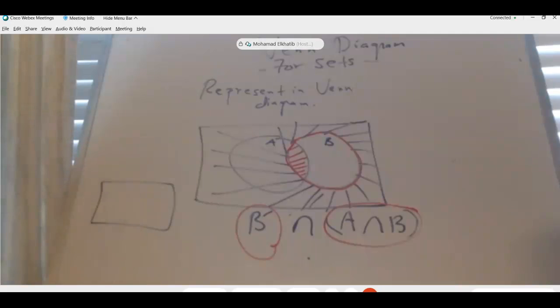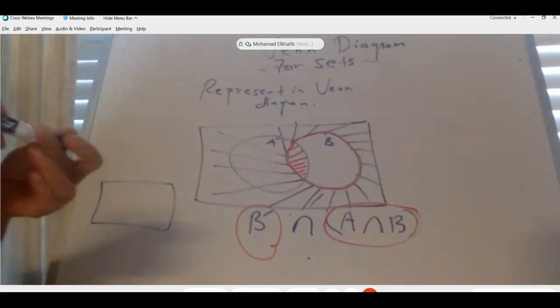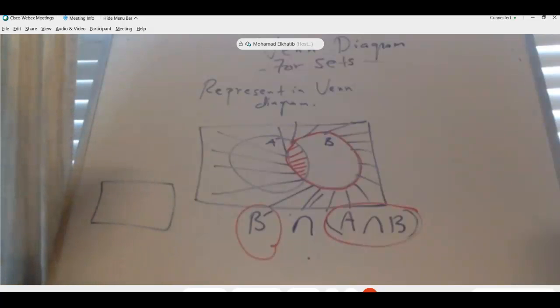Here, nothing is shaded, which means there's no solution. Okay, does that answer your question? Yes, so you didn't draw a no solution diagram, right? What does no solution mean? The shaded part is an answer. When you show me something not shaded, it means I don't have an answer. We're good?